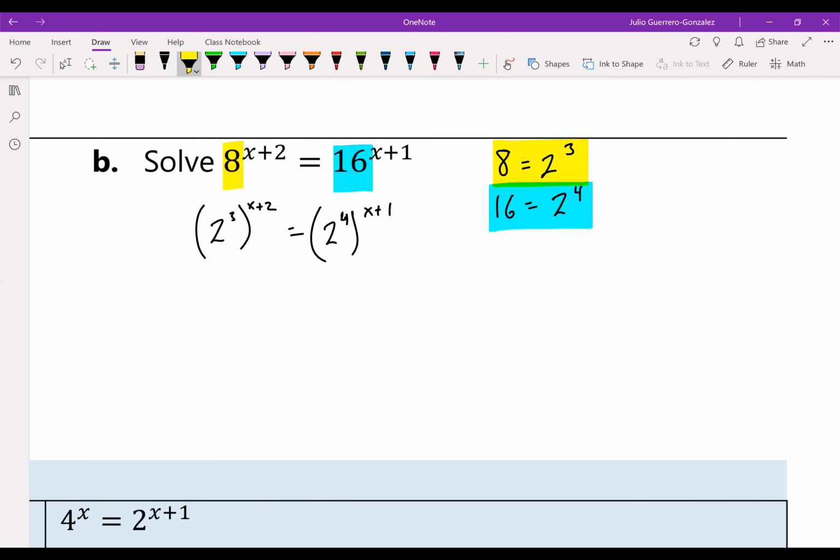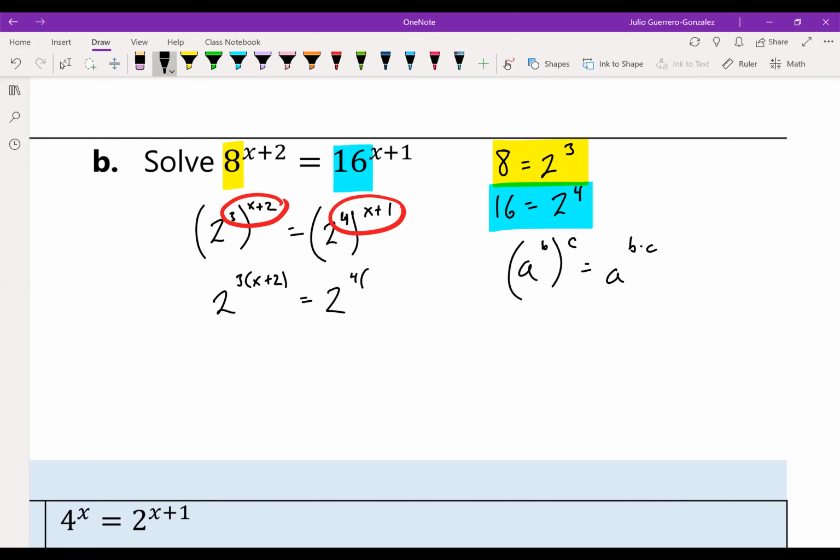So now we have an exponent to an exponent. In this case, a to the b to the c will be used, which is a to the b times c. Using that with the red circled ones, we turn this into 2 to the 3 times x plus 2 is equal to 2 to the 4 times x plus 1.